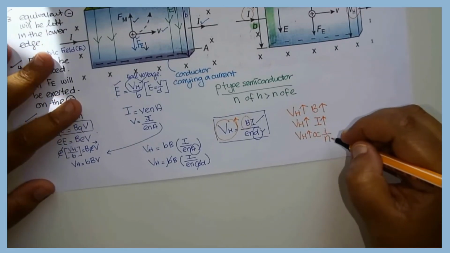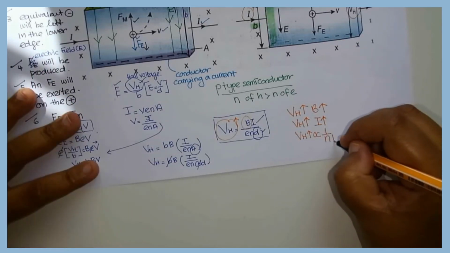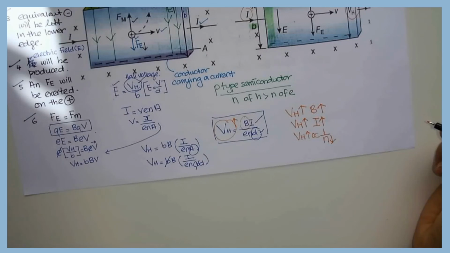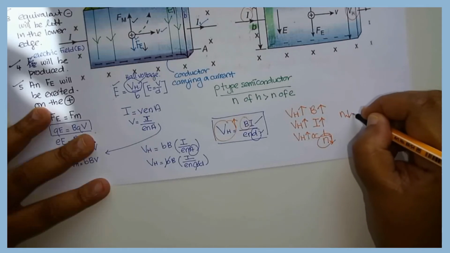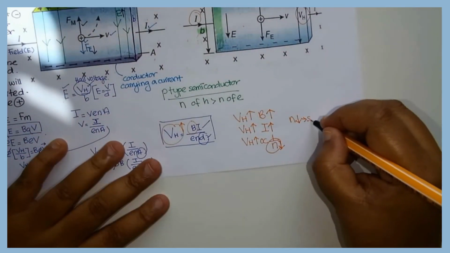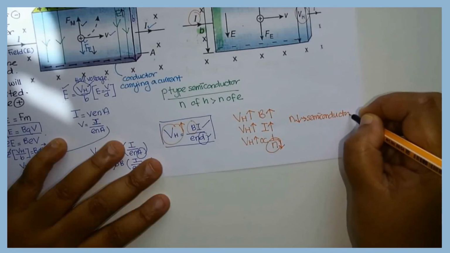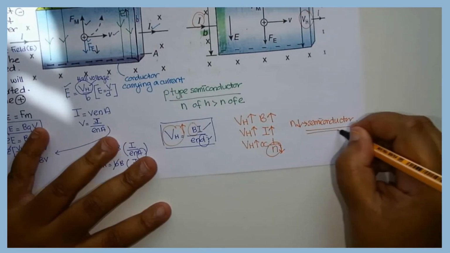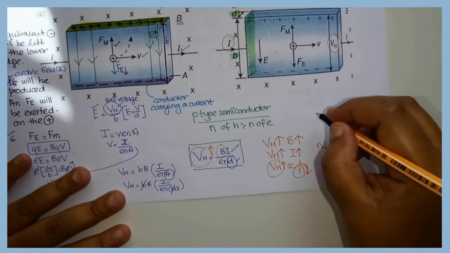So the number of charge per unit volume is lesser. That is the reason n, which is less, is always for semiconductor. That's why in semiconductor the VH is greater compared to in the metal.